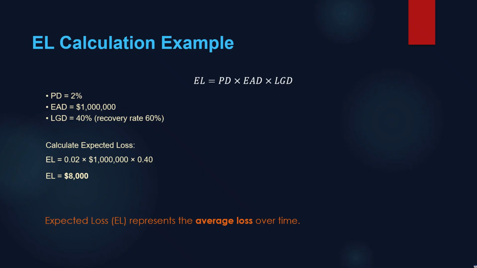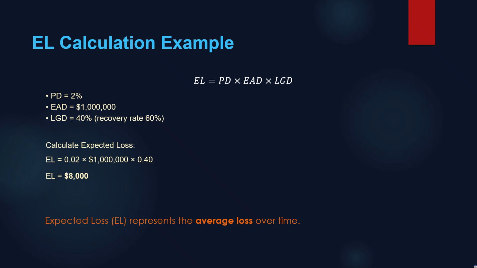As a lender, you need to price your loan to cover your funding costs, operating expenses, the expected loss of 8,000 in this case, a return on capital for unexpected losses, your target profit margins, and all these things. The credit spread you charge must at minimum cover the expected loss.